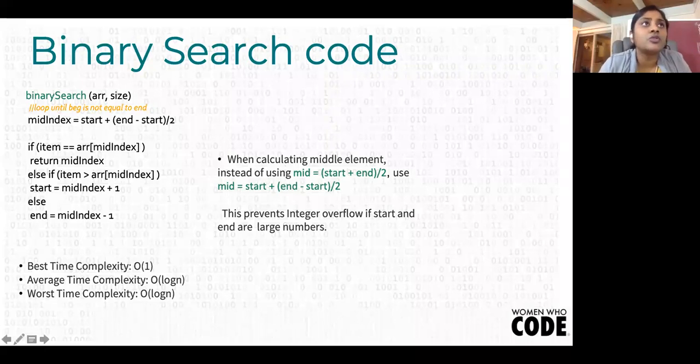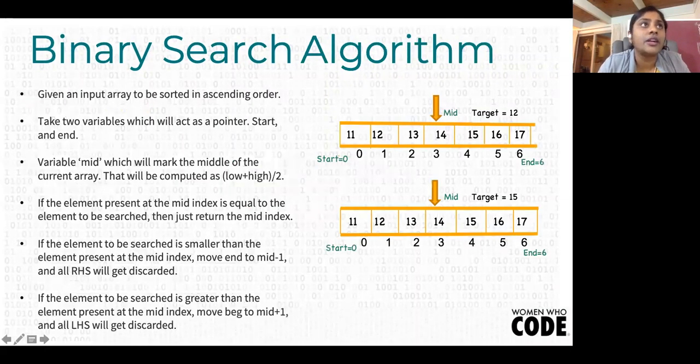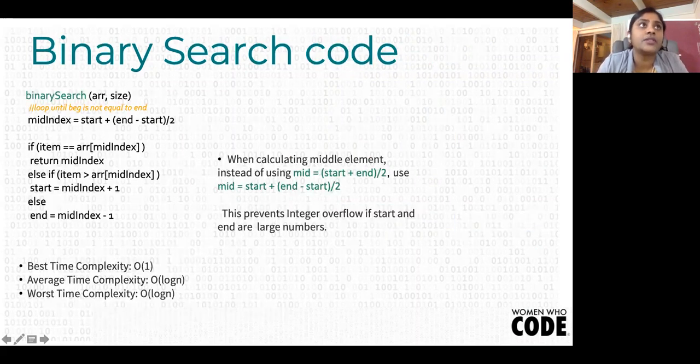Yeah. So let's take the example here. We have 0 and 6. Your start will be 0, plus 6 minus 0 is 6, by 2 is 3.